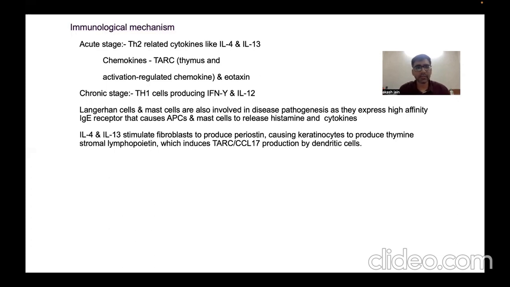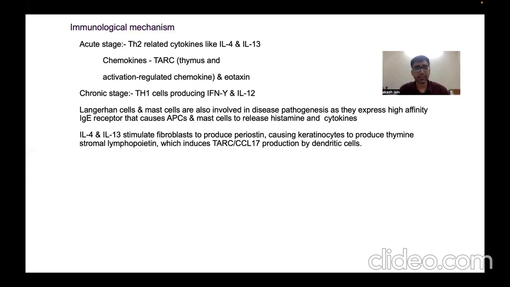Now, the second mechanism is the immunological mechanism. So, in the acute stage, there are T helper cells, that is Th2 related cytokines, which are increased like interleukin 4 and interleukin 13. Chemokines, thymus and activation regulated chemokine and eotaxin. And in the chronic stage of inflammatory response, Th1 cells producing interferon gamma and interleukin 12 are released.